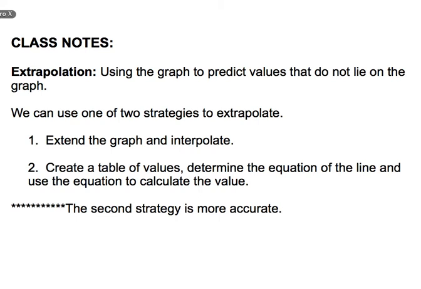Now the second one, if you watched part one, is way more accurate than the first. It's even more accurate than interpolation. So creating the table of values, determining the equation of the line, which we have done in Unit 4, Lesson 1, Lesson 2, and Lesson 3, and then finding the value from the equation is the most accurate strategy of the three.